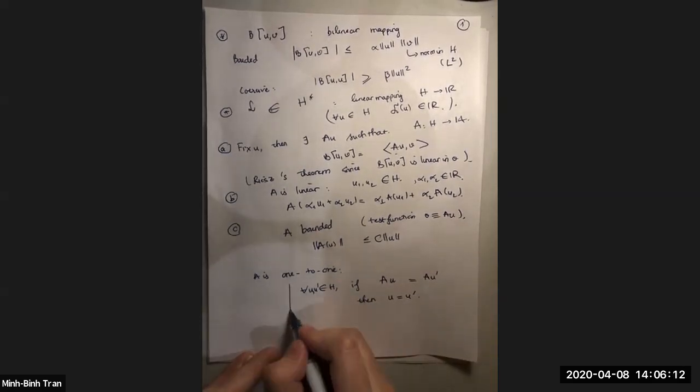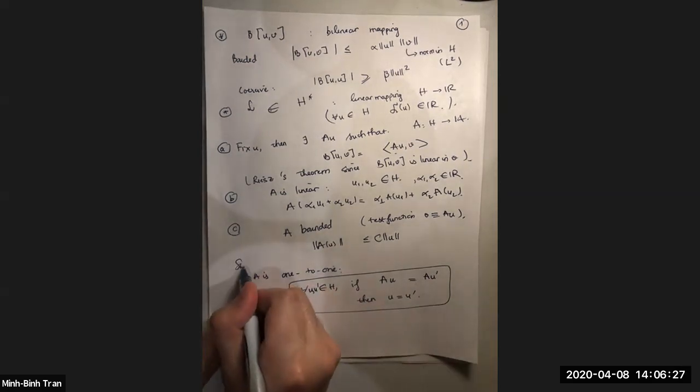This is a very powerful property of this A, and this is what we are going to prove next. This is step number 3. We're going to show that if there are two vectors u and u prime in H, and Au is equal to Au prime, then u is equal to u prime.